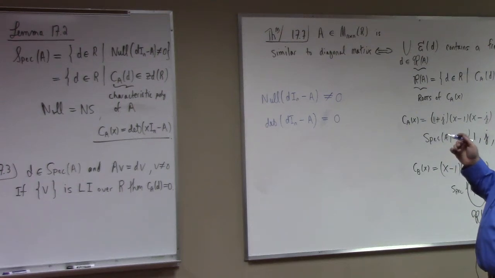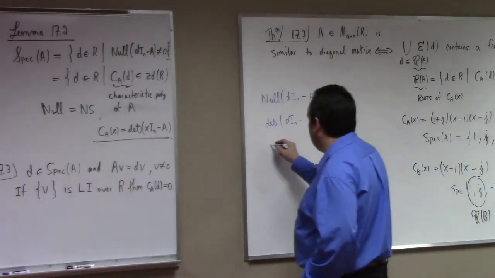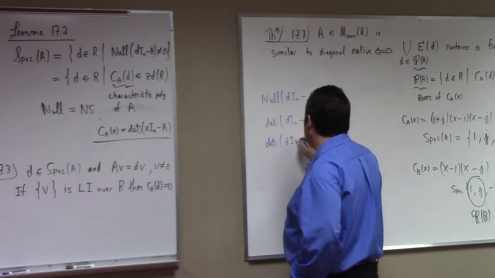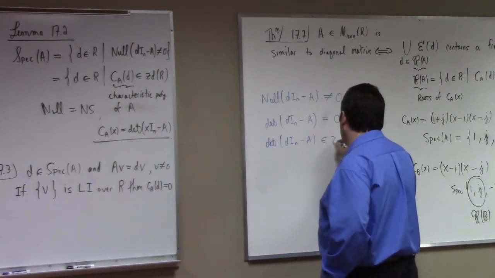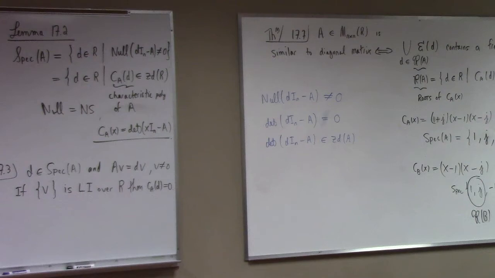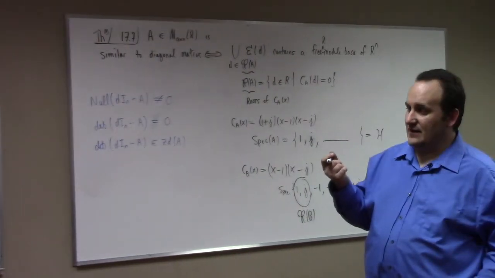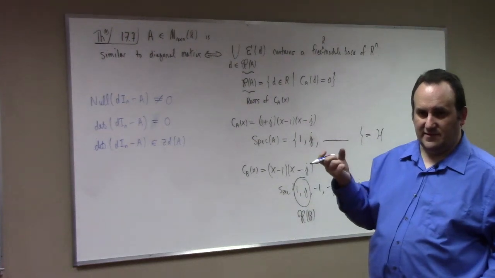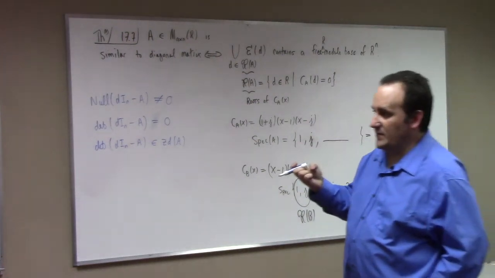However, if the determinant of that matrix is an element of the zero divisors of the algebra we're looking at, it's still the case that the null space is non-zero. It's still the case that there exists a non-trivial eigenvector with eigenvalue d. However, the eigenvector supporting that is garbage, in the sense that it's not something I can complete to a free R module basis because it has sort of stuff attached to it.